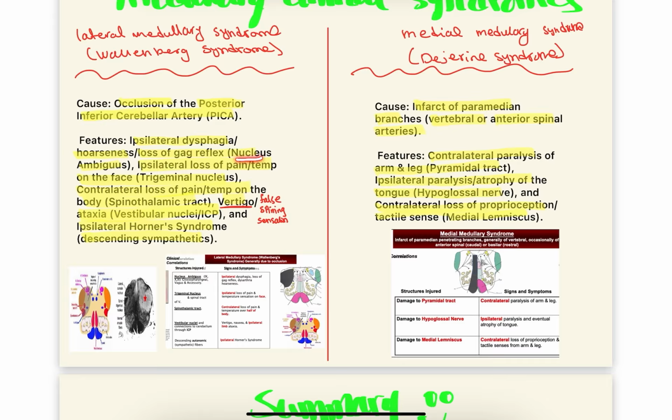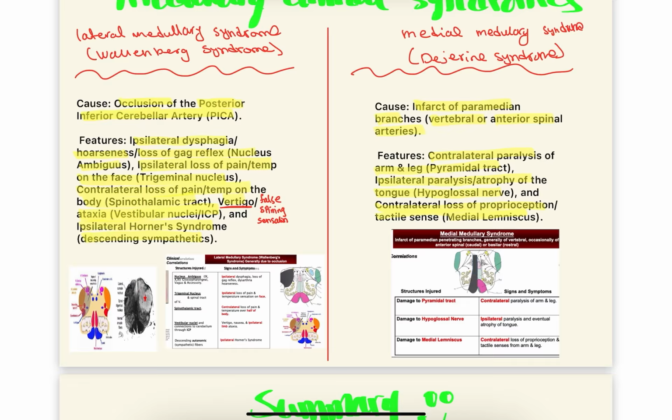So whenever the nucleus ambiguus is affected, gag reflex will be gone, loss. And it affects the trigeminal nucleus, therefore ipsilateral loss of pain and temperature of the face. Okay. And contralateral loss of pain and temperature because it affects the spinothalamic tract, vertigo and ataxia because of the vestibular nuclei. Okay, and vertigo means false spinning sensation, and ipsilateral Horner syndrome because of the descending sympathetics.